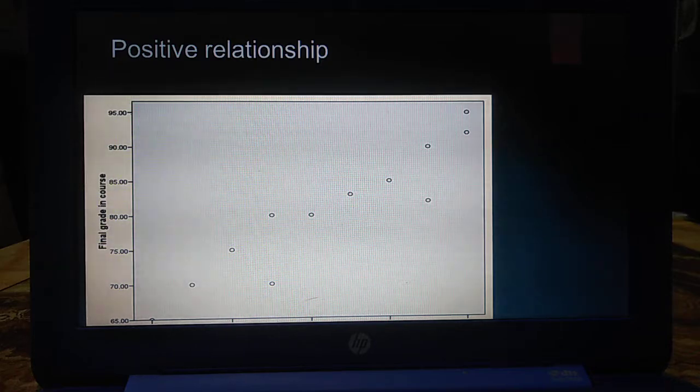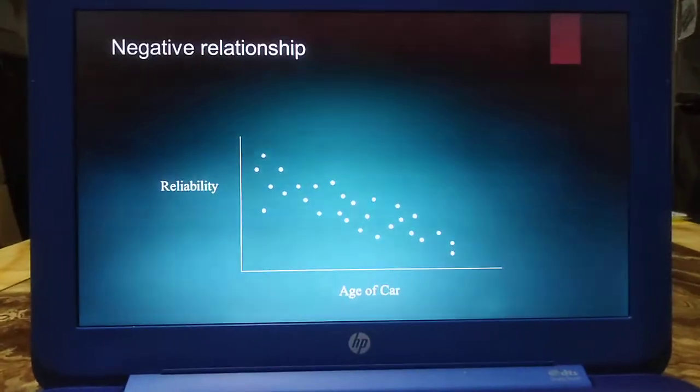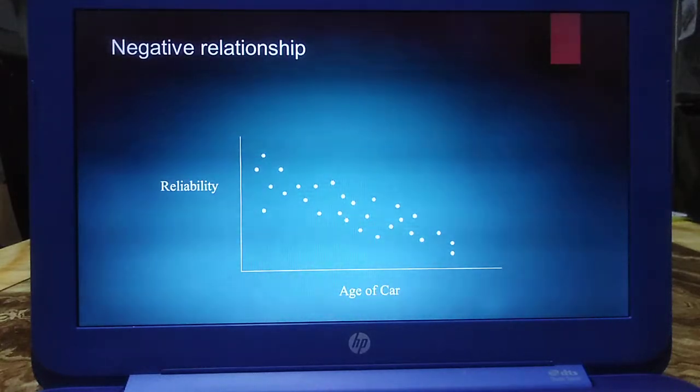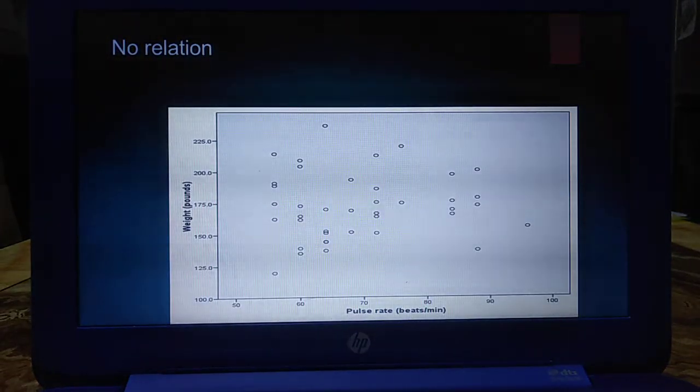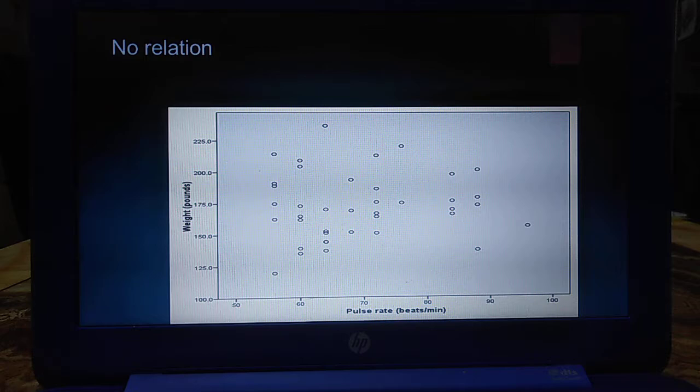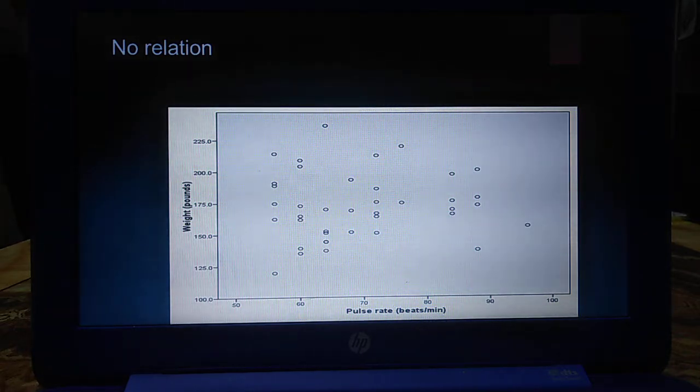While if we have a negative relationship, you're going to see in our scatter plot that as the age of the car increases, its reliability decreases. Now, this is an example wherein the points have no pattern at all. So there is no relationship between the weight and the pulse rate of a person.